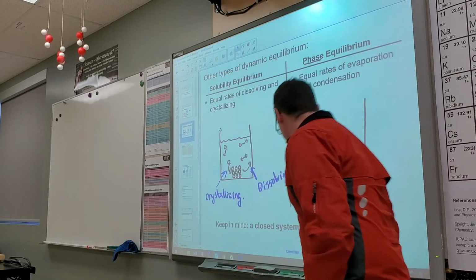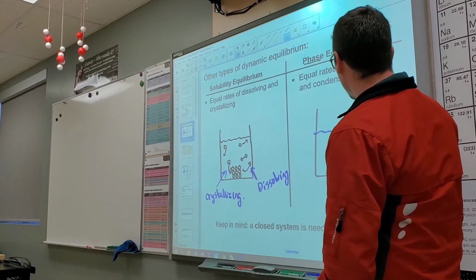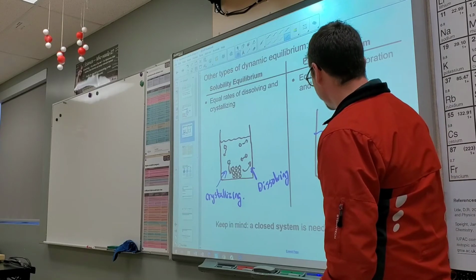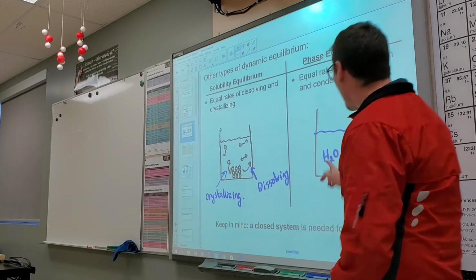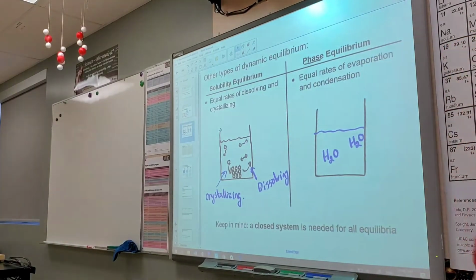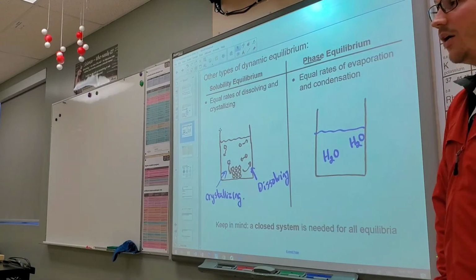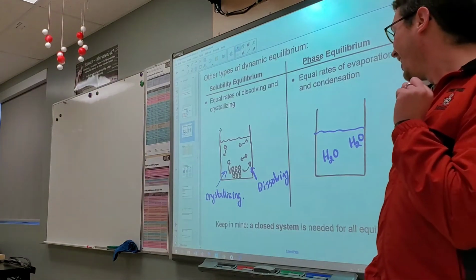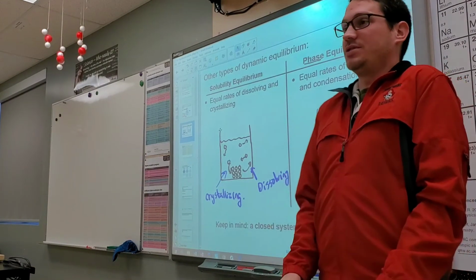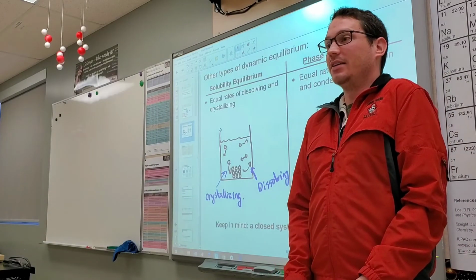So imagine you've got a beaker of water. And we've got particles of water inside this beaker. Now, I need you to understand, are these molecules just sitting there not doing anything?